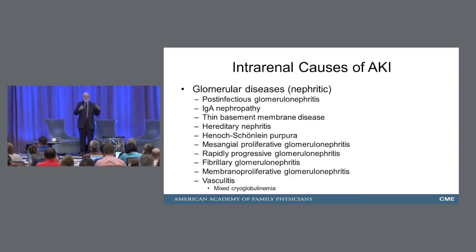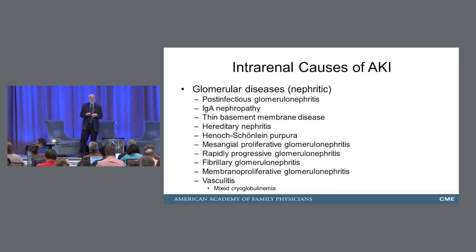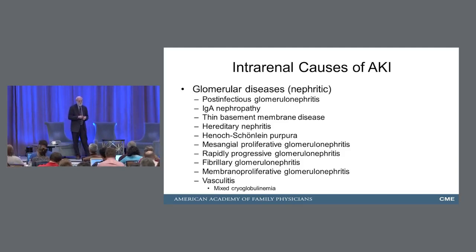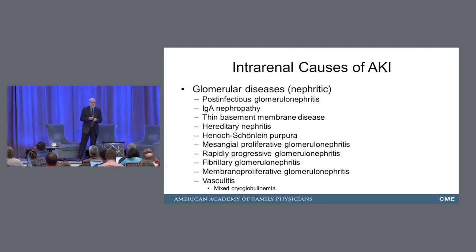Think about glomerular diseases either being nephritic or nephrotic. Nephritic diseases show up with red cells in the urine, typically hypertension, fever, things like IgA nephropathy, post-infectious glomerulonephritis, HS purpura. Board likes HS purpura, by the way. Rapidly progressive glomerulonephritis.